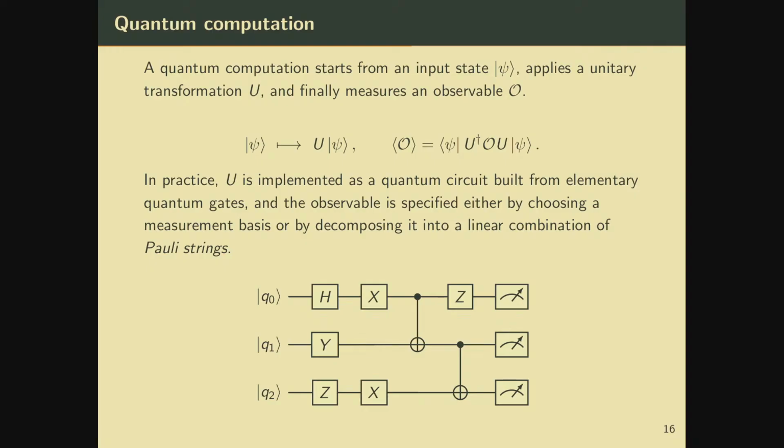And in practice, the people dealing with quantum computing, and especially trying to use quantum computers, like this quantum circuit formalism, where your computation can be represented by a collection of simple quantum gates that perform elementary operations.